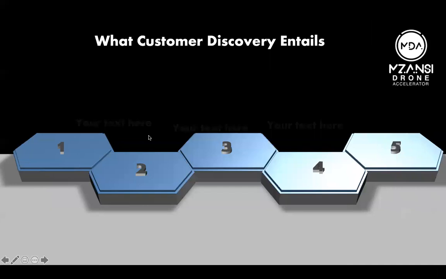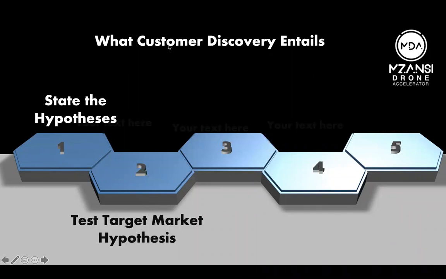Let's move on. What does customer discovery entail? Firstly, you've got to state the hypothesis. Remember, we go out into the marketplace because we don't understand the customer. We started off with a hypothesis. What was the hypothesis all about? It was the target market hypothesis.